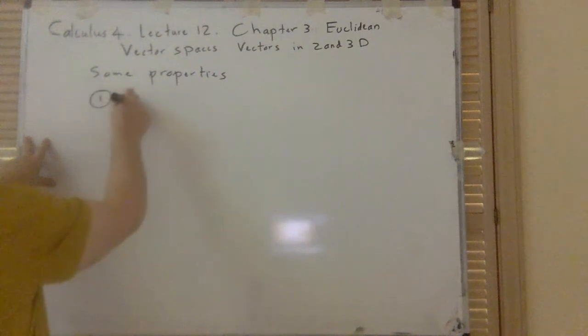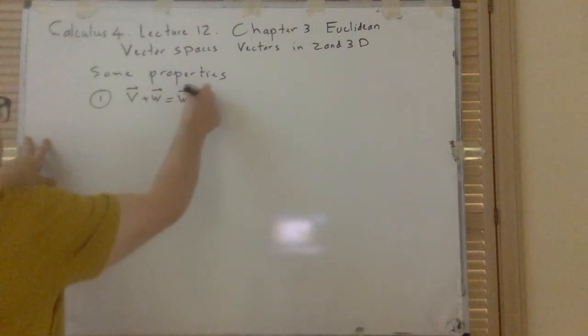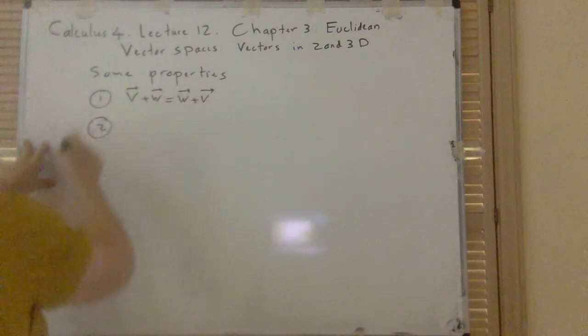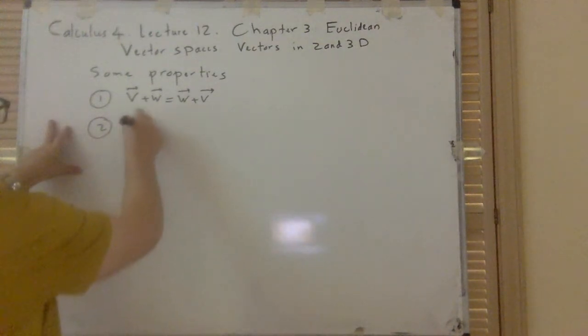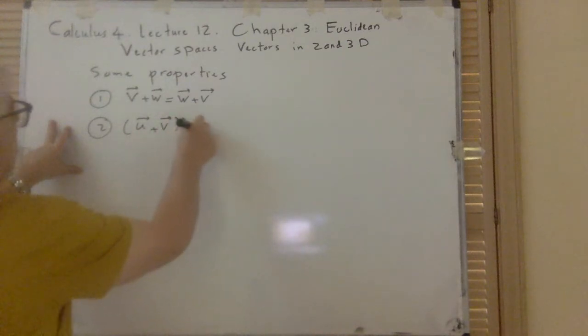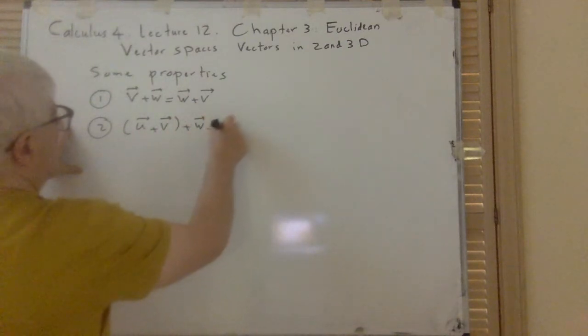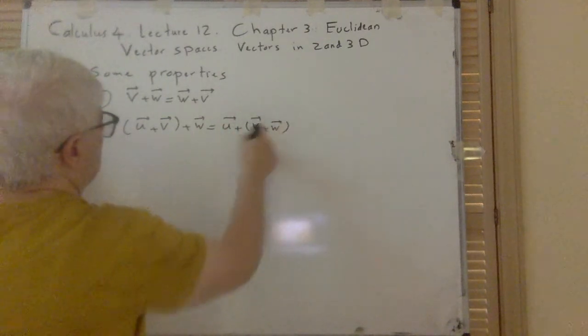Property number 1 is v plus w is the same as w plus v. 2 is, if I have (u plus v) plus w, that is like u plus (v plus w).